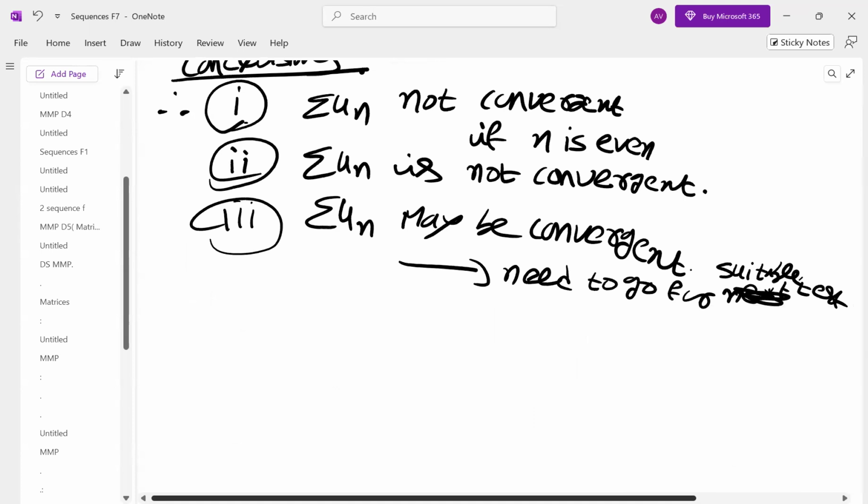Then we have another concept, shortcuts. As I said, we will go for positive term series now. Till now we have applied both the tests, the partial sum test and this, for both types of series, that is alternating series as well as positive term series. So what is an alternating series?